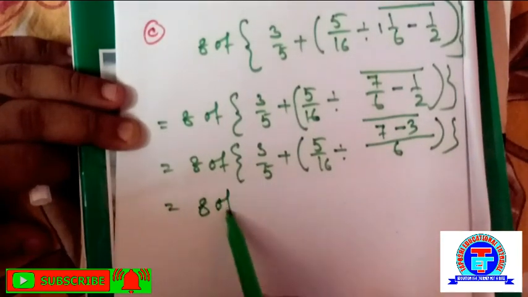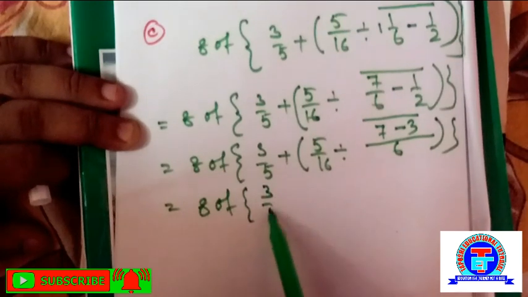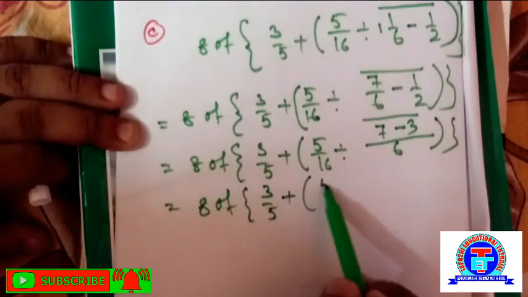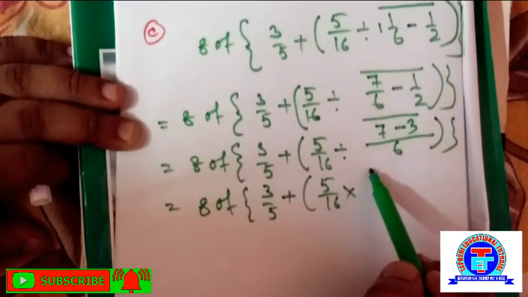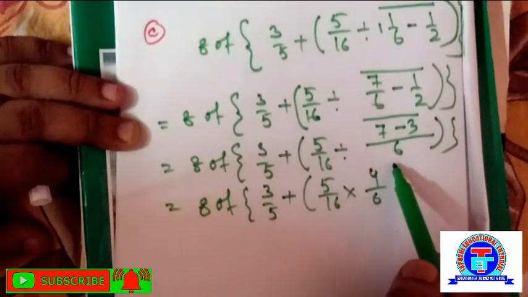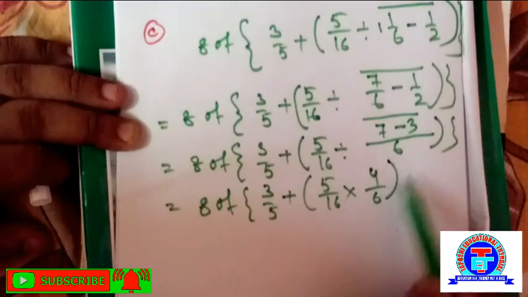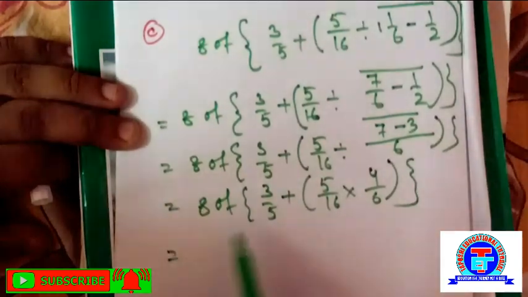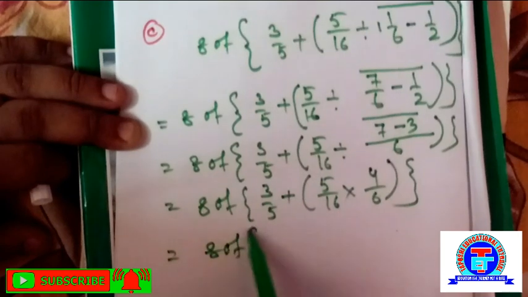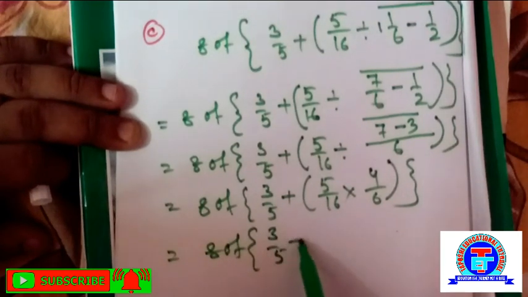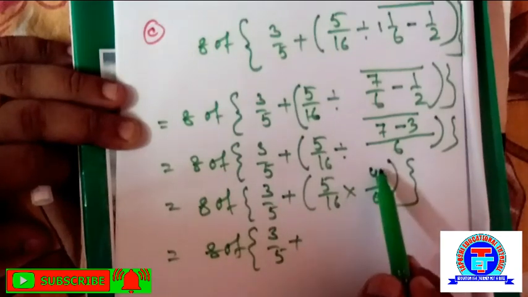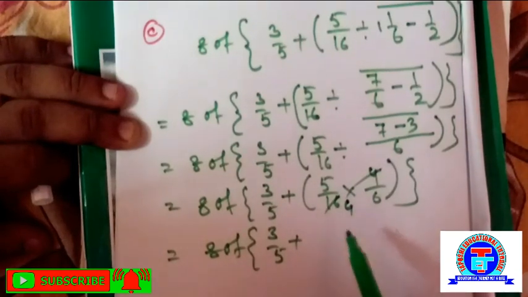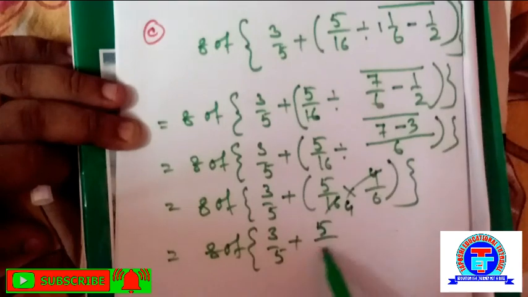8 of curly bracket 3 by 5 plus now 5 by 16, this one multiply and this one became 4 by 6, right? Now we write here 8 of 3 by 5 plus now multiply this one, this one became 4 ja, so 5 by 24, right?